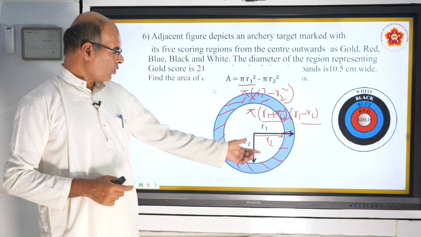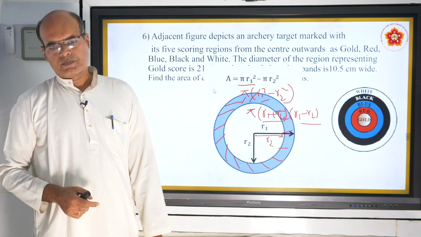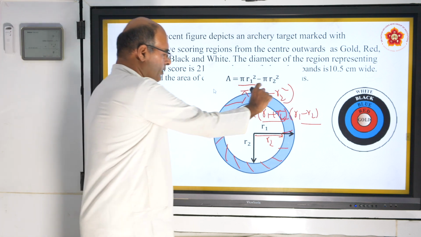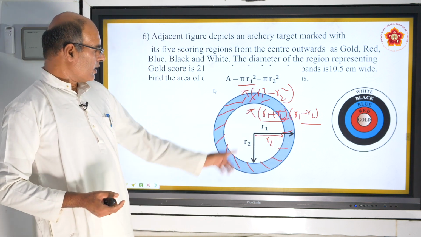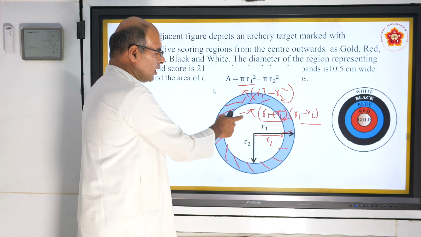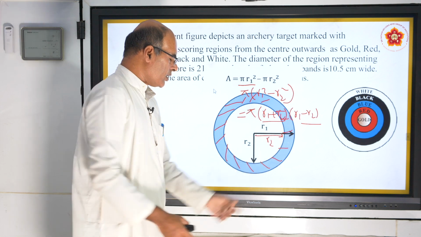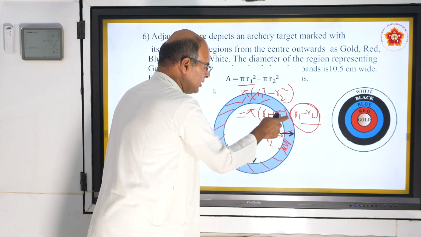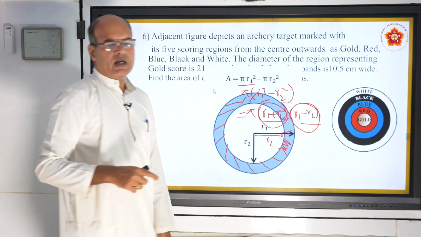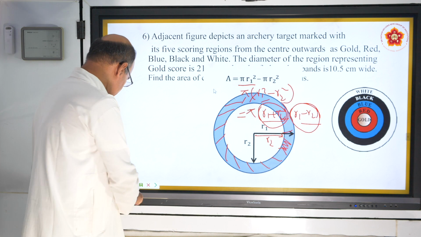So r1 and r2 are the radii of the two circles, inner circle and outer circle. If we want to calculate the area of the ring, the area of the band, then we can use the formula pi into r1 plus r2 into r1 minus r2. Here r1 minus r2 is the width of the band, and r1 plus r2 is the sum of the radii of the two circles which make the band.